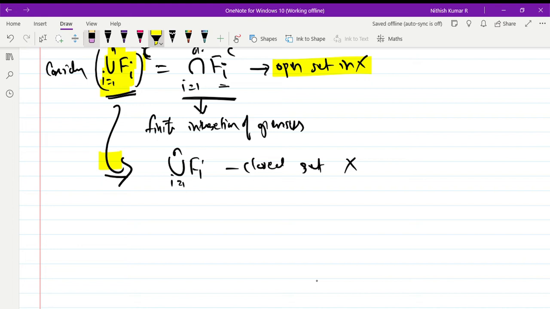So this finite condition cannot be omitted. We shall have some examples.